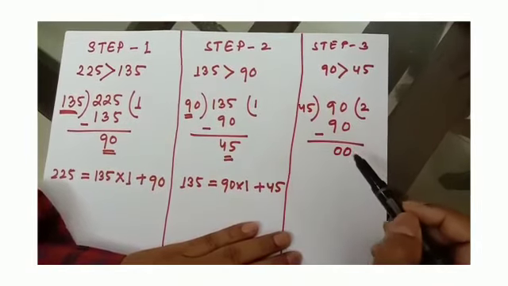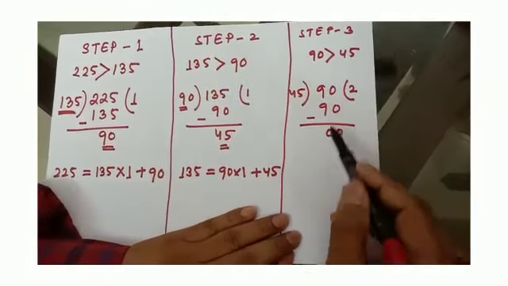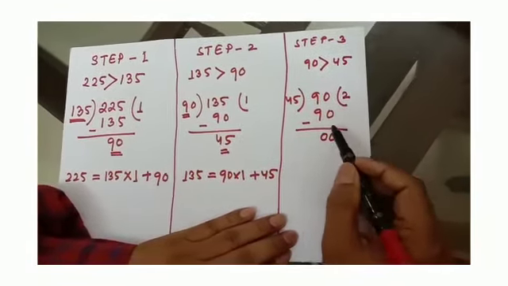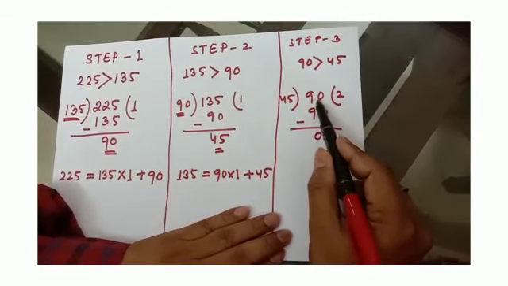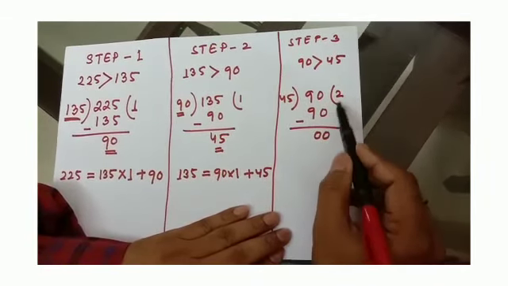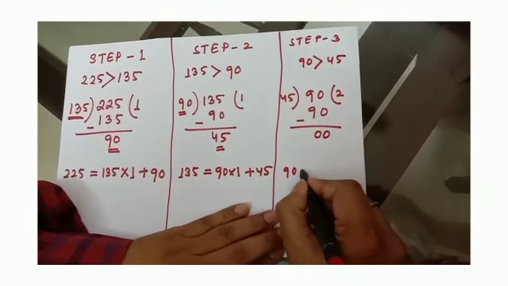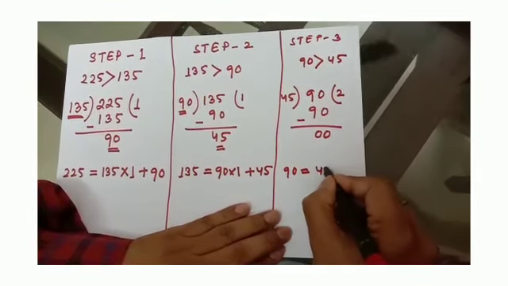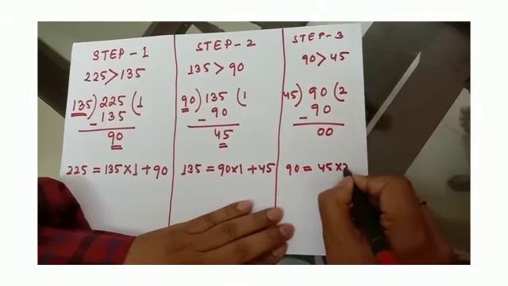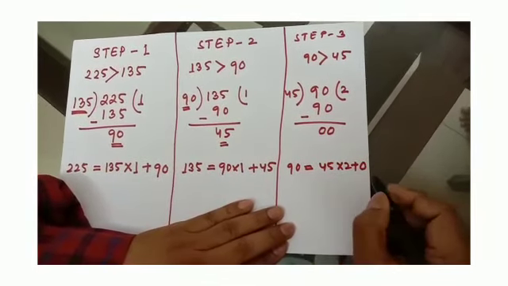Therefore, the division is ended here. So write this. Again the dividend is equal to divisor into quotient plus remainder.